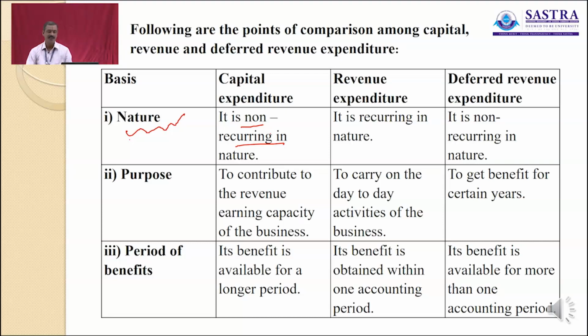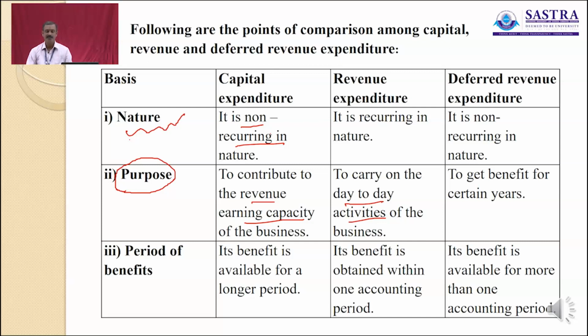The capital expenditure contributes to the revenue earning capacity of the business. And the revenue expenditures are the expenditures spent on the day-to-day activities, for carrying out the regular operating activities of the business.